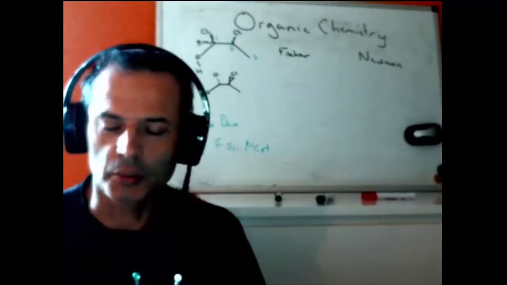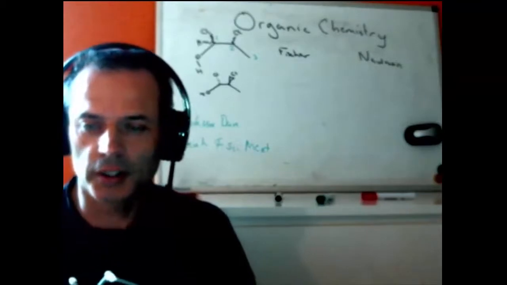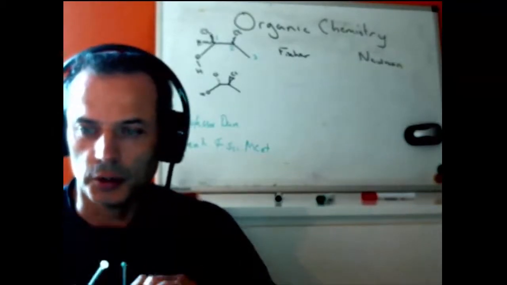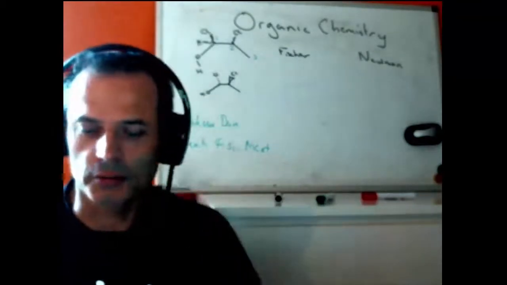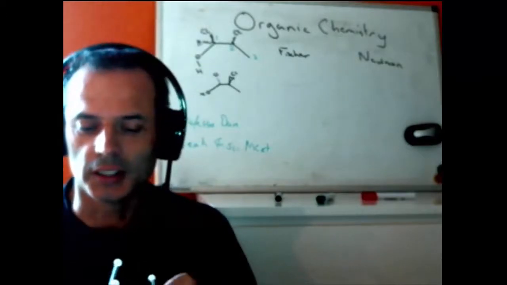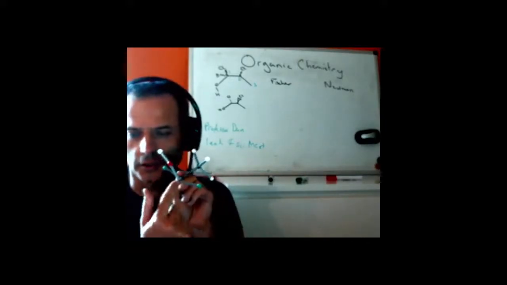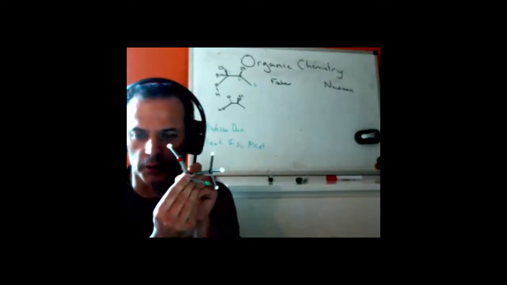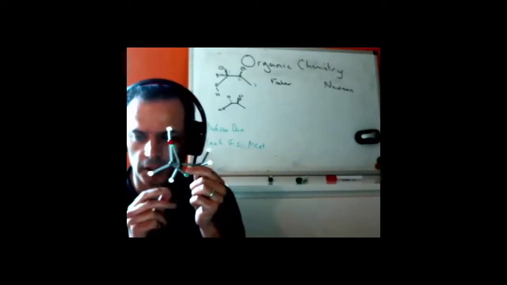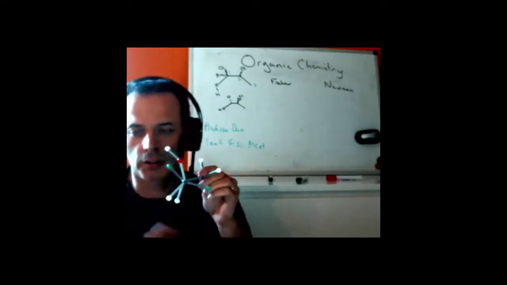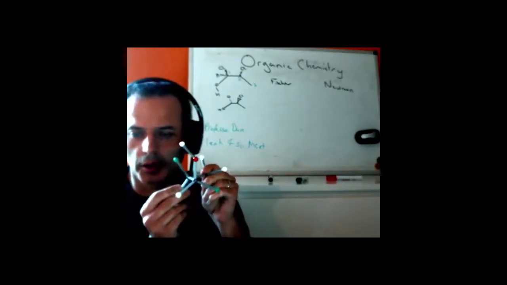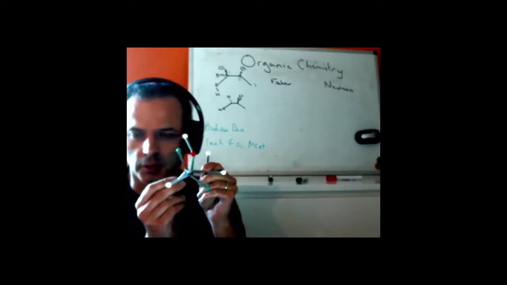Now we need to draw it, and we also need to identify them. Let's start with Newman, although it's the second one that I've drawn on there, because it is somewhat easier. The Newman projection is looking from the end. It's imagining that we're looking at the carbon from this end. This is a methyl group, so I'll hold it by the methyl group and try to get it orientated.